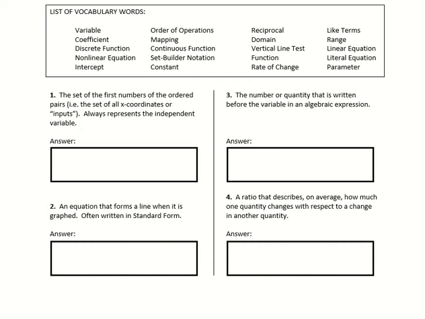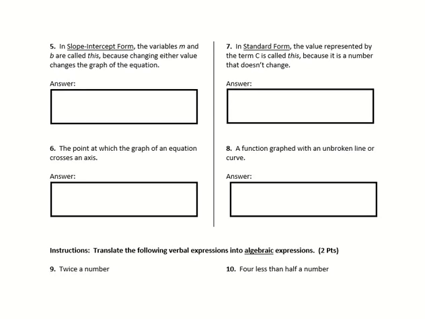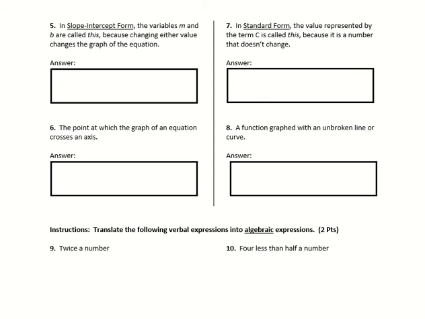Number 4. A ratio that describes, on average, how much one quantity changes with respect to a change in another quantity. Number 5. In slope-intercept form, the variables m and b are called this because changing either value changes the graph of the equation. Number 6.